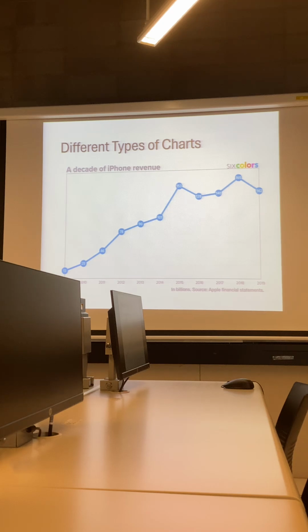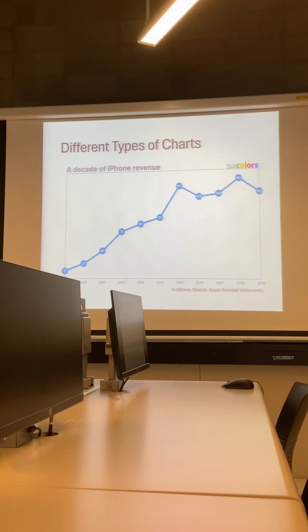So this is an example of a chart about iPhone revenue. Take a look at the picture first. Can you see from the picture which year iPhone had the highest revenue? 2018.